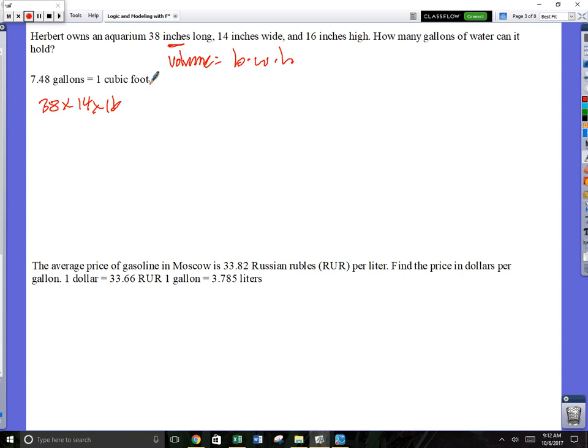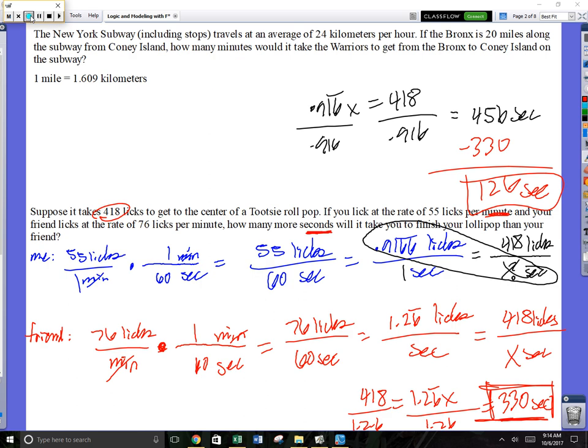So 38 times 14 times 16, we've got 8,512 inches cubed.